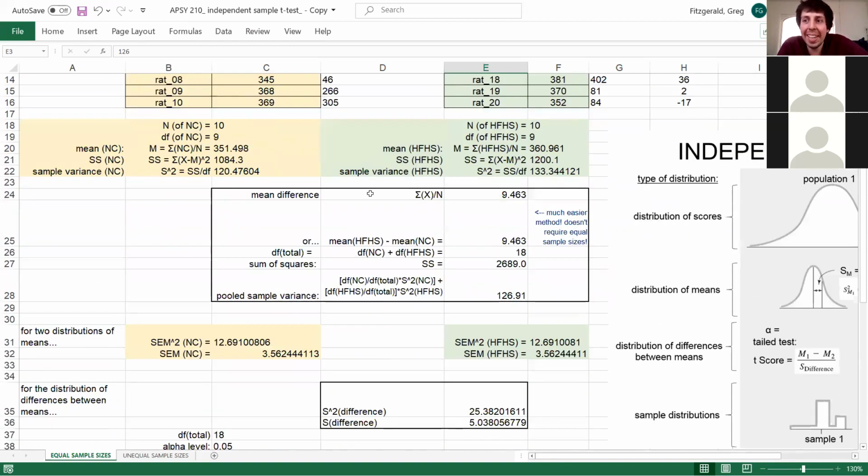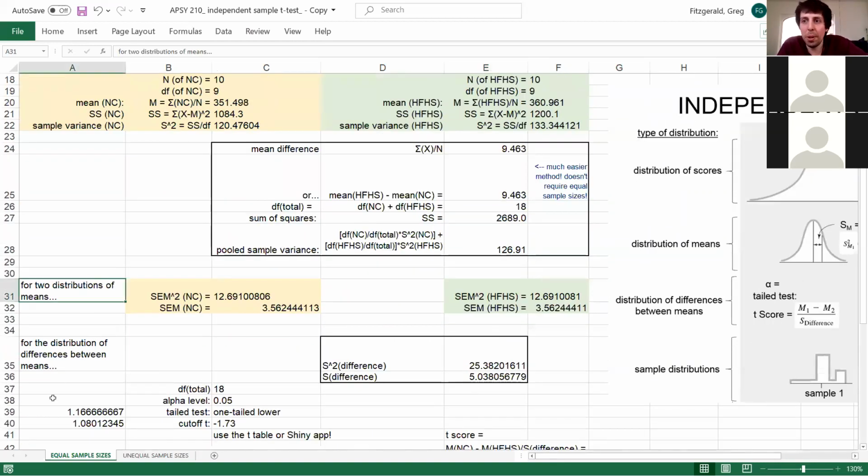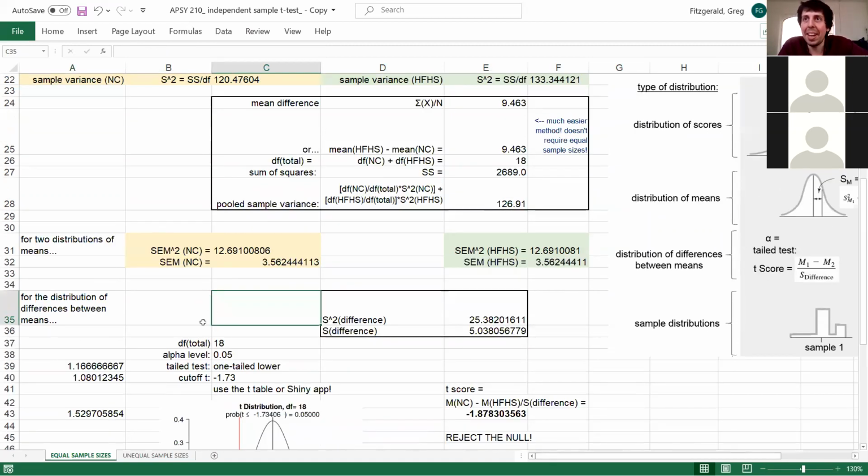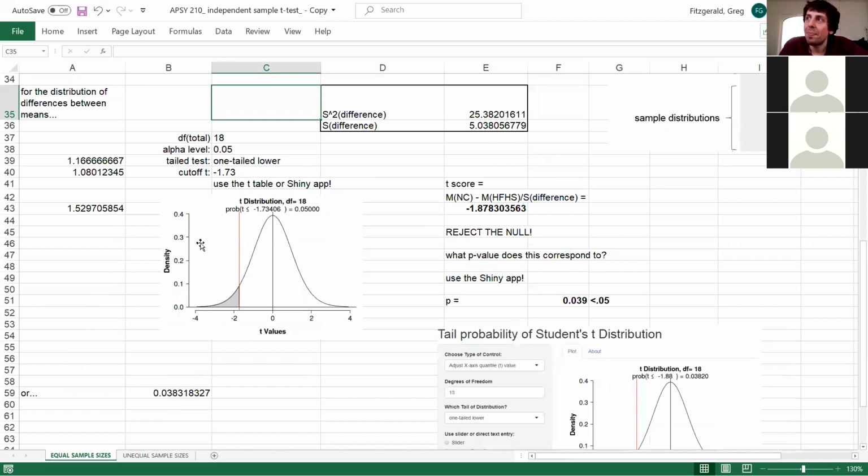Excel is meant for being a calculator and a way of organizing data. So you have to annotate your work in a really complicated way. It takes a while for me to draw borders around things and color in cells with different colors. This is just a lot of work, and I don't want you guys to have to do that.